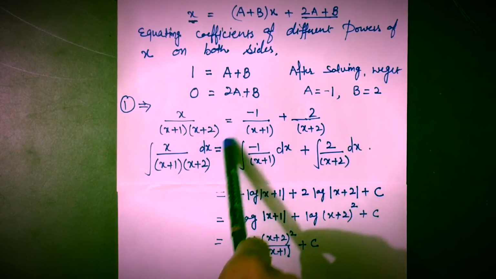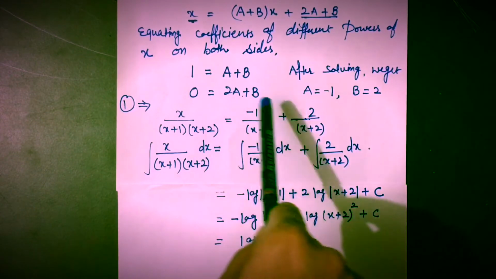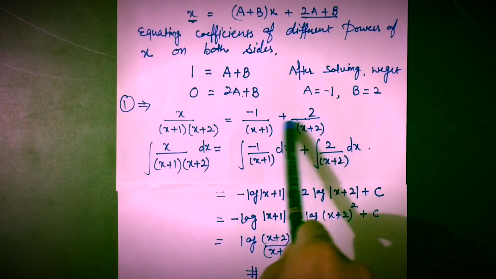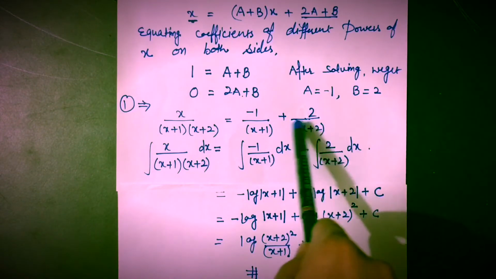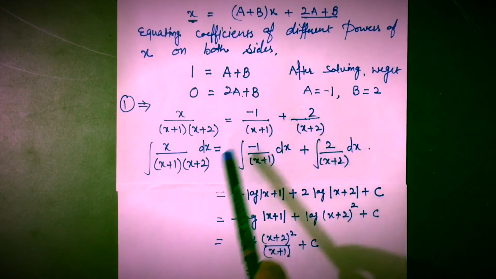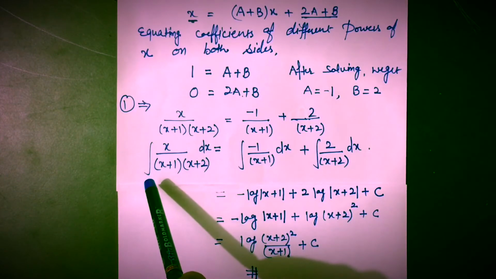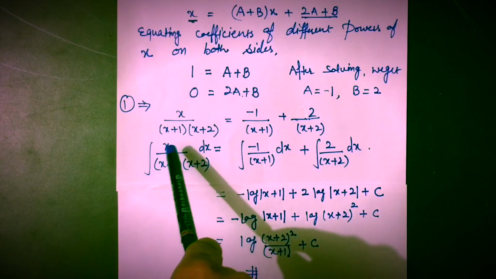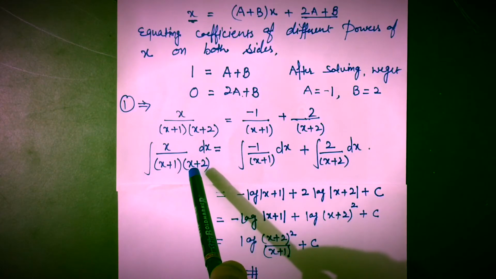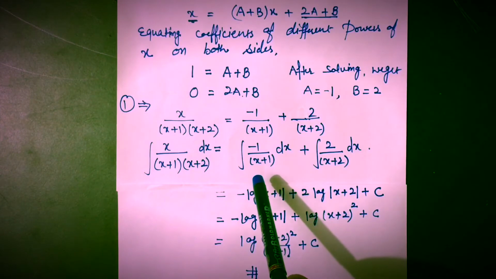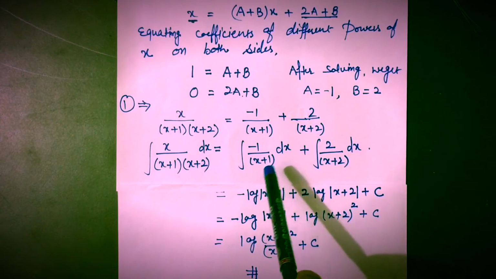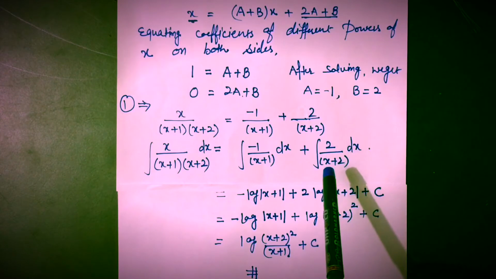This type of fraction we can't integrate easily, but now these type of fractions we can solve easily because we have formulas for these type of fractions in logarithm. Now we will go in our integral, that is integration of x upon x plus 1 into x plus 2 dx is equal to integral of -1 upon x plus 1 dx plus 2 upon x plus 2.